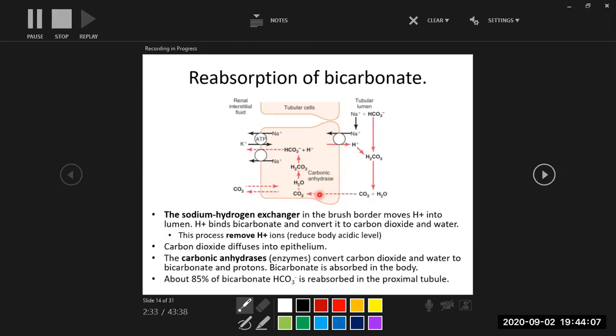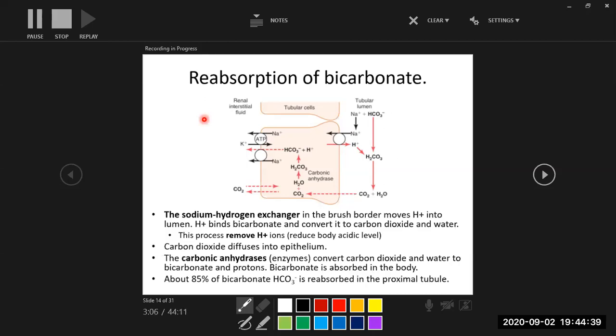Converting CO2 to H2CO3 is a way to reduce it, and an enzyme commonly used in biological tissue is carbonic anhydrase. That converts CO2 and water to H2CO3 again, and then bicarbonate will be reabsorbed back to our body. So what do you need to memorize?